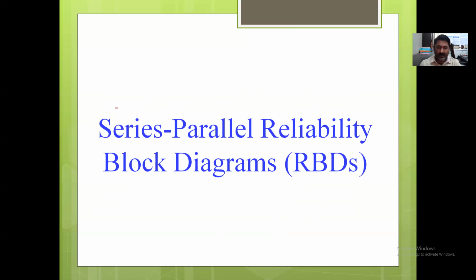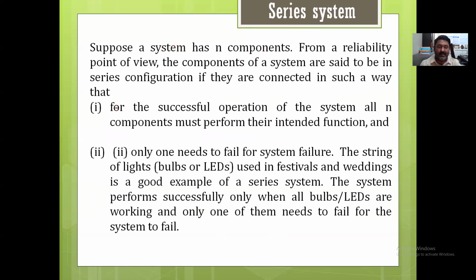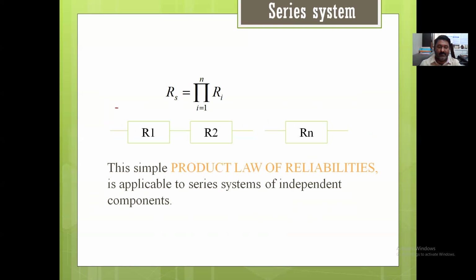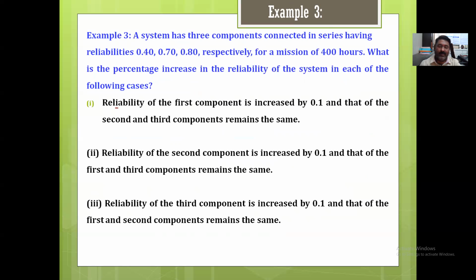Then we discussed series-parallel reliability block diagrams. We started with the series and saw in detail the series configuration and its application. Then we discussed how to calculate series system reliability, taking a first very simple numerical, then a somewhat different numerical, and third a typical numerical in which the reliability of the components is changed and its effect on system reliability is analyzed.